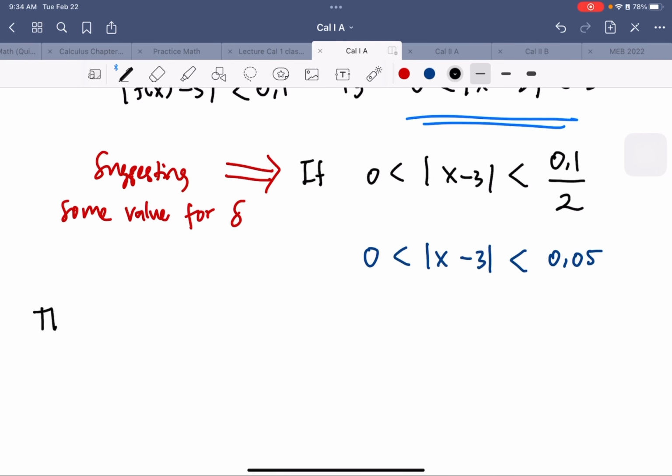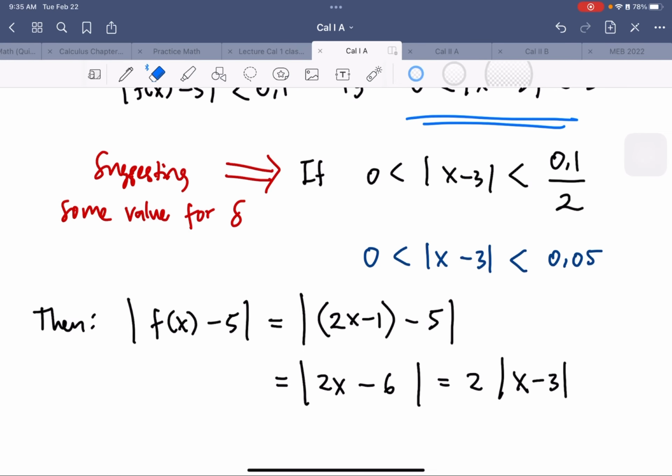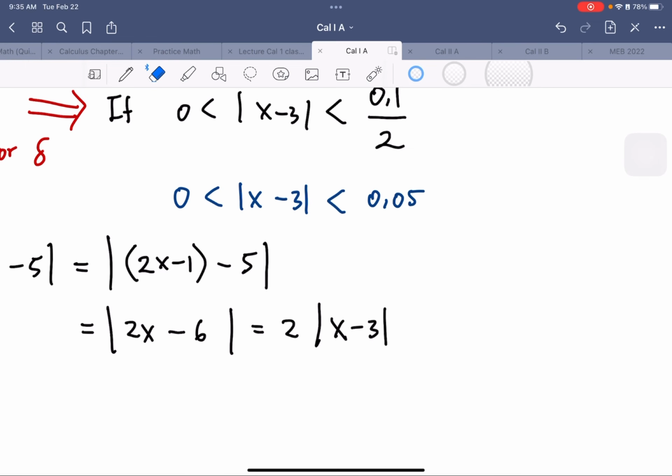Okay. So then if we put x into our function with the piecewise definition, then we will have this be 2x minus 6, which intuitively we can see is 2 multiplied by x minus 3. And we know that the absolute value of x minus 3 is less than 0.05 from our statement here.